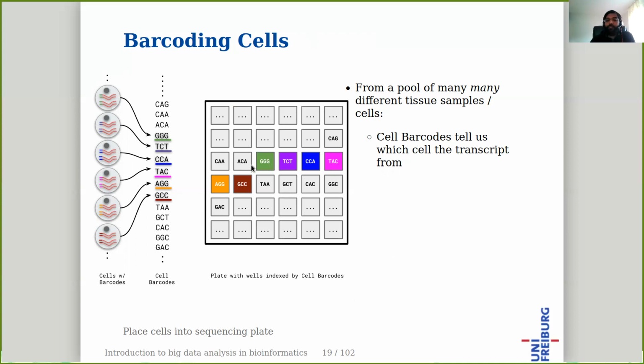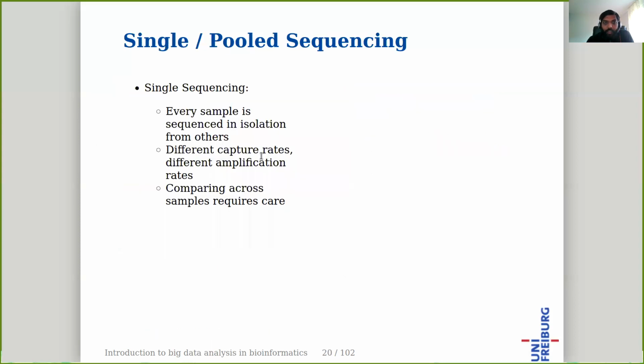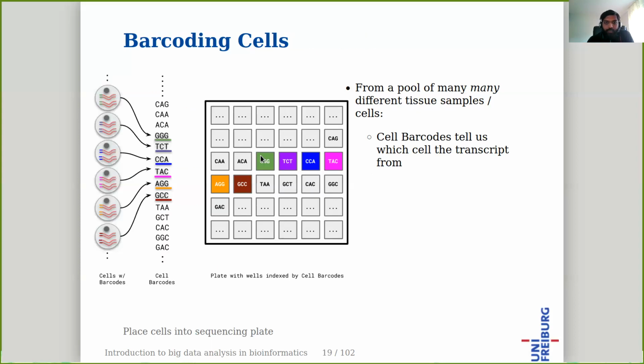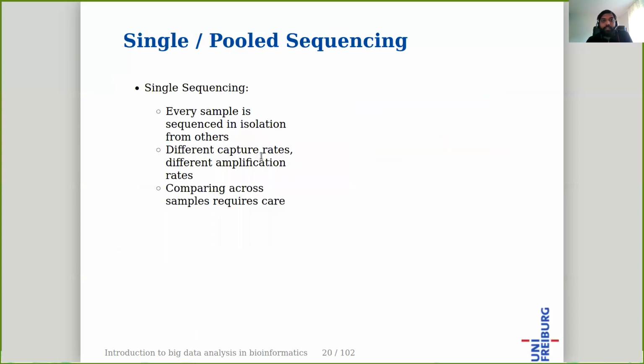You have in each well one bead that contains hundreds of thousands of barcodes. And then each cell is thrown into this well. So when they're isolated, and once the cells are broken down, the barcode is attached to all the transcripts within the cells. And then we can easily distinguish after sequencing.